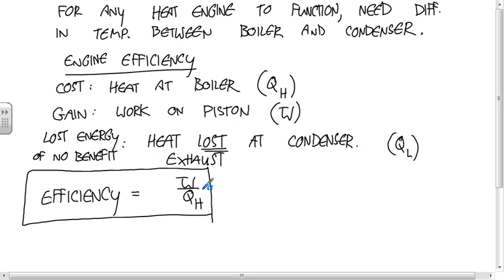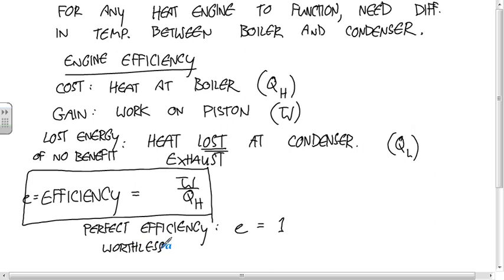So you'd have to think harder than that to get efficiency of zero, but a rock would be pretty close to zero. So what would be perfect efficiency? What number? Yeah, 1. So call this lowercase e. So e equals 1, worthless would be e equals 0. And so this value can be anything in between those two.